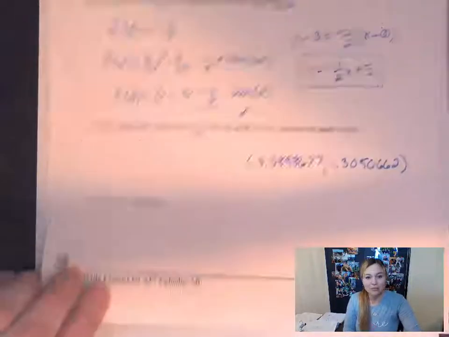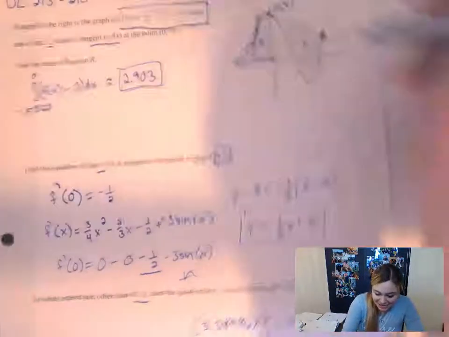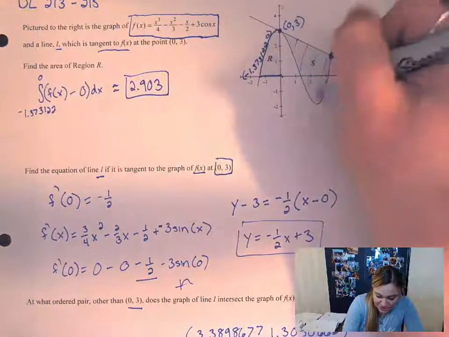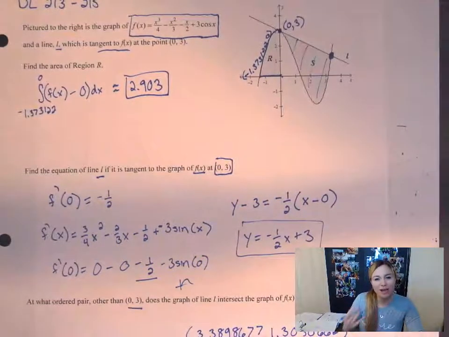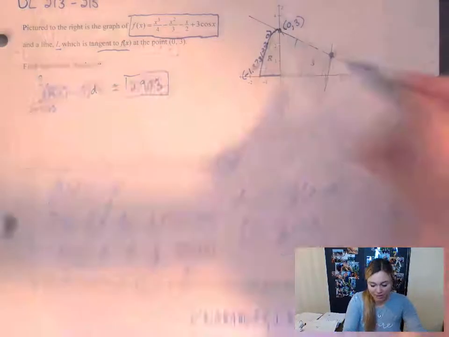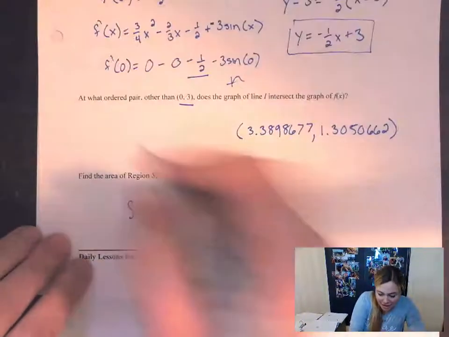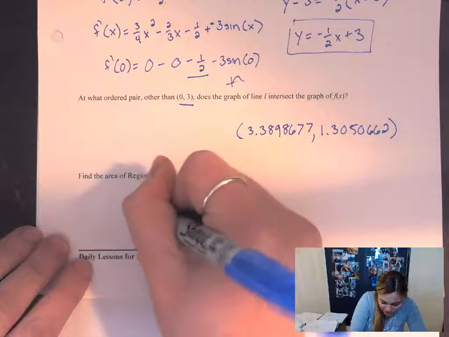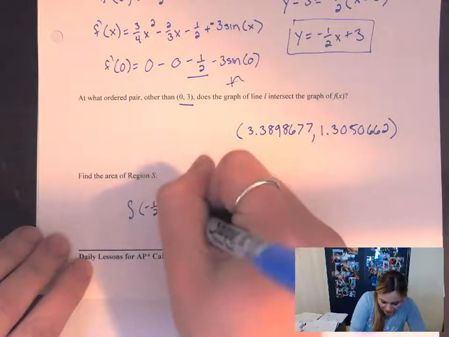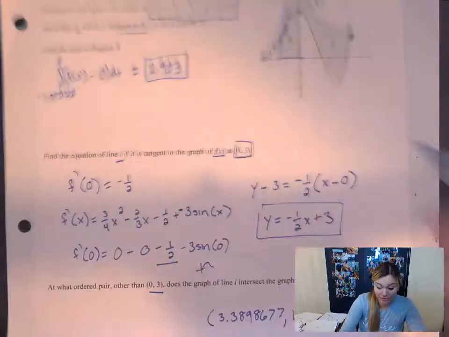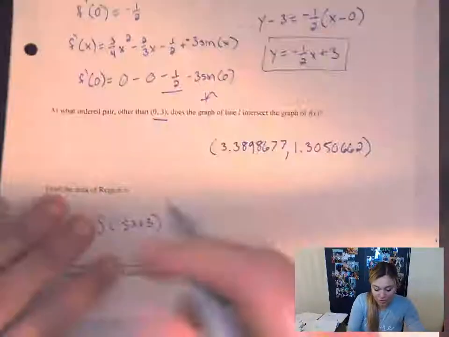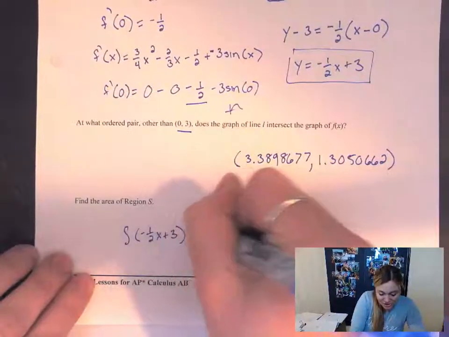If I want to find the area of region S, S is right here, this guy. Remember, you have to do the top curve minus the bottom curve. This top curve is my line. It is the negative 1/2 x plus 3. The bottom curve was this function, which we already have defined as f of x, so I would just keep this as f of x.